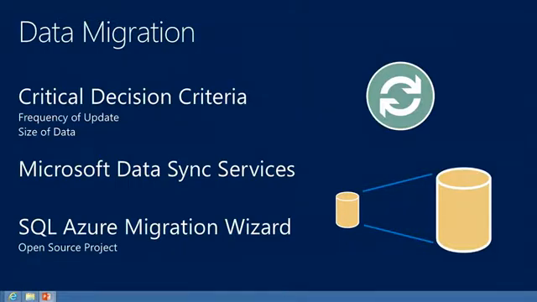So the open source project uses SQL bulk copy. It does have transactional support, and it batches the data under the hood. So it is a very good solution. One of the downsides of this, though, is that you can only do table-to-table migrations.